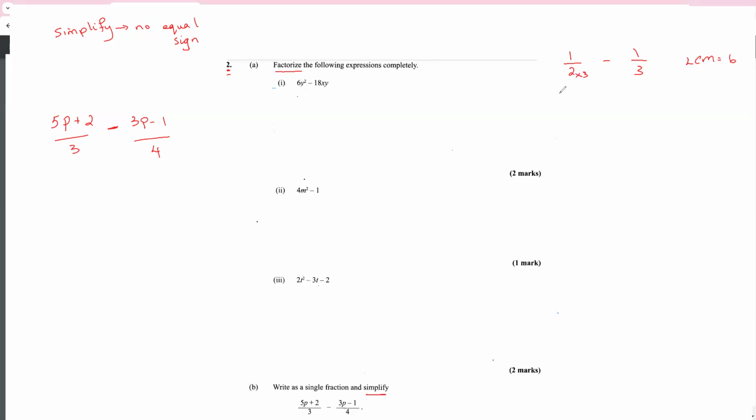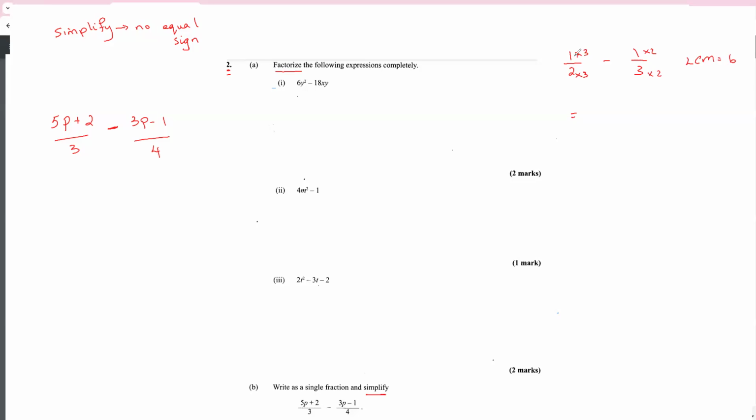Whatever I do to the bottom to make this 6, I must do it to the top. So if I multiply by 3 to make this number 6, I must do it to the top as well. Whatever I do to the bottom, 3 times 2 will be 6, I must do it to the top.